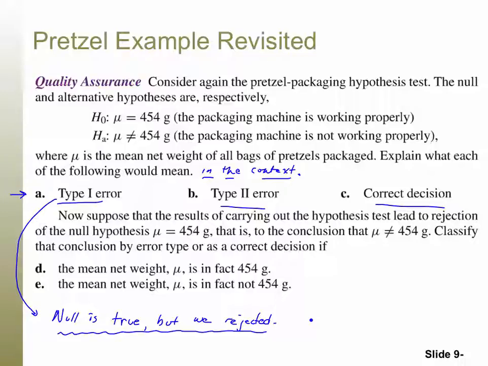Okay, type 2 error. What would that be? Somebody new? Okay, null is false, but we did not reject it. So what would that mean for the pretzels and the machine? Could you restate that in terms of the pretzels and the machine?